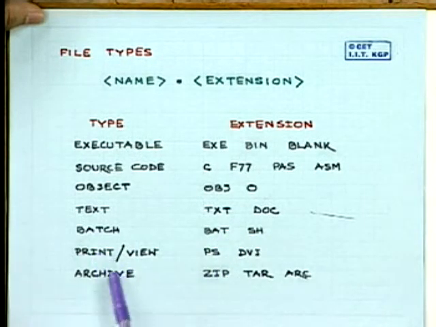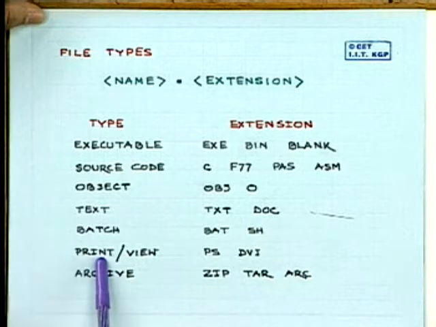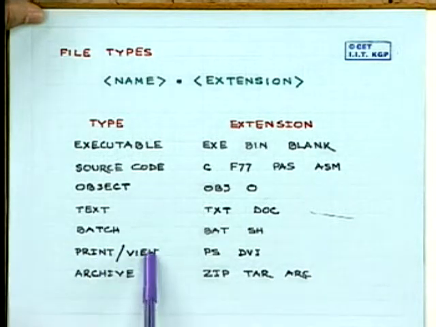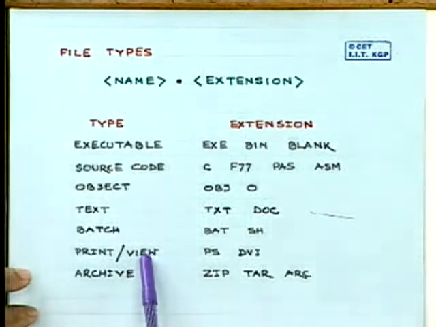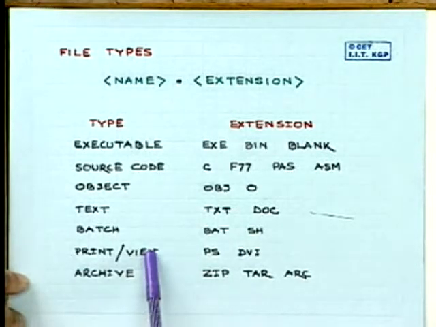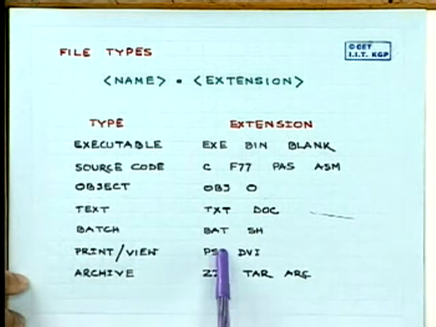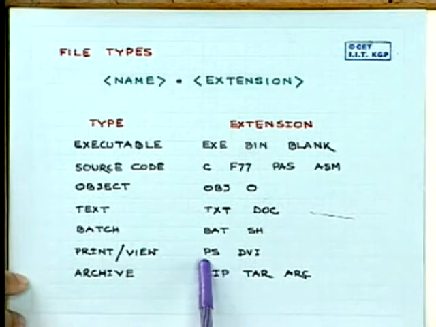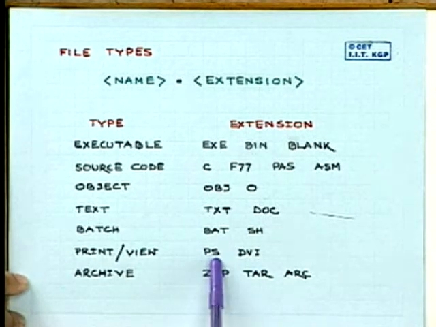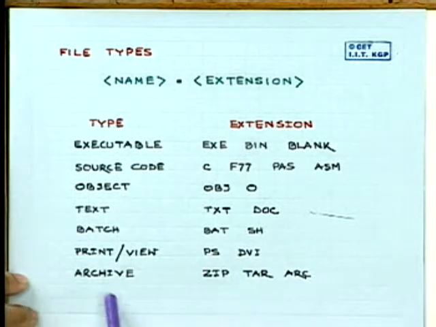It can be a print file or a view file to be seen on a video screen, and the extensions used are PS, PostScript file, or DVI file. Or it can be an archival file kept for archival purposes, and the extensions used may be zip, tar, or arc generally.